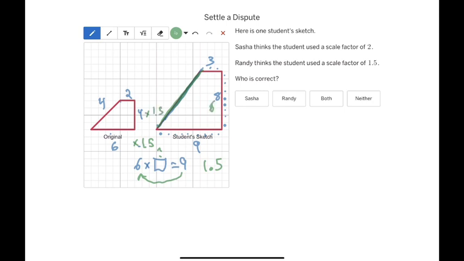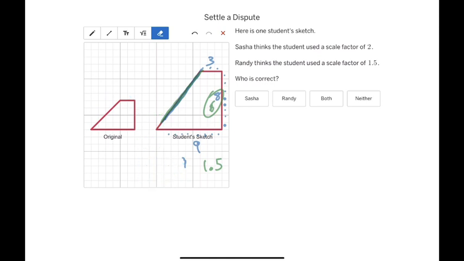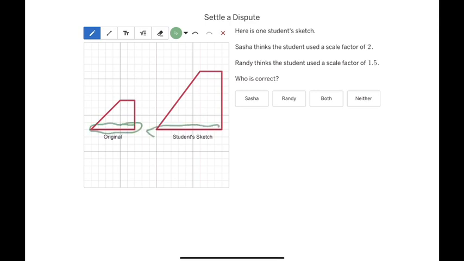Uh-oh. Look what happened. So it looks like the scale factor is different based on where you're measuring. From here to here, the scale factor went 6 to 9, so it was 1.5.